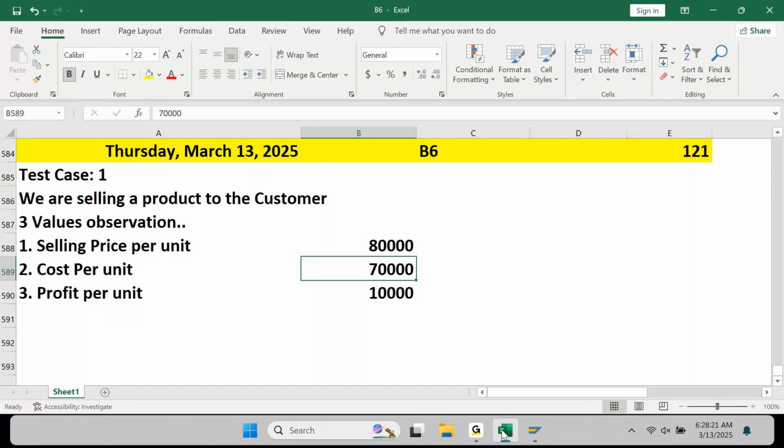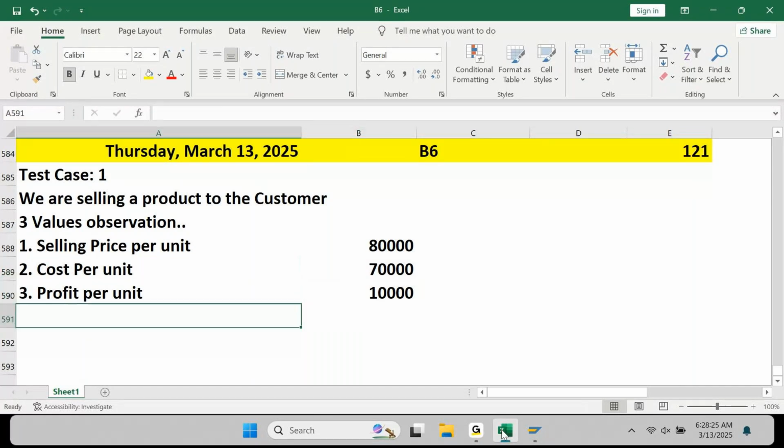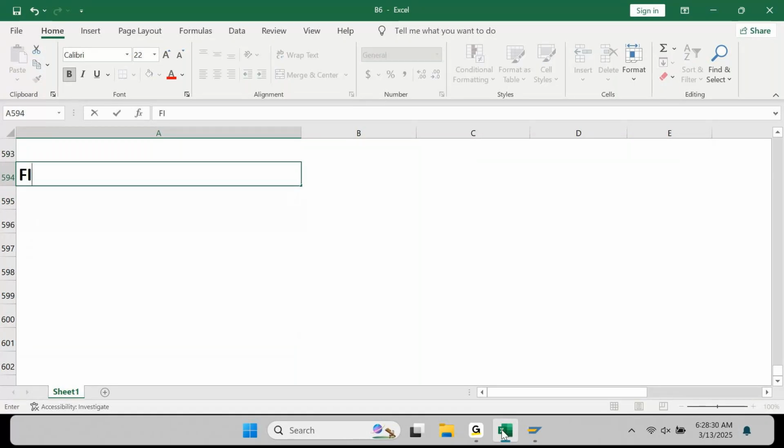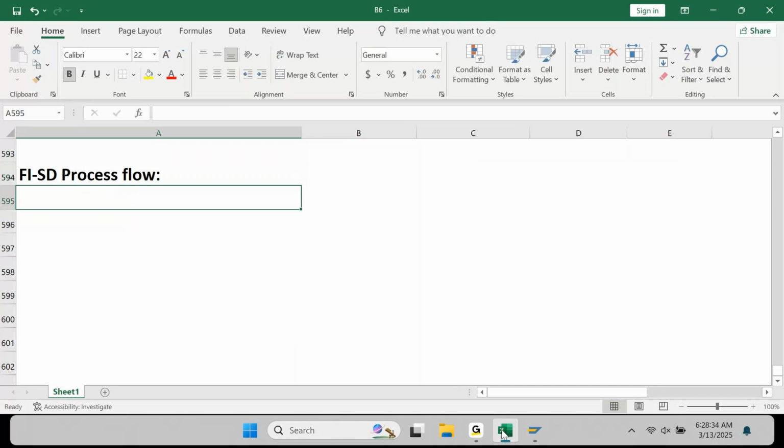And next one, we need to write accounting entry or FIST process flow. In FIST process flow, what is the first step? Sales order. First one is to create a sales order.